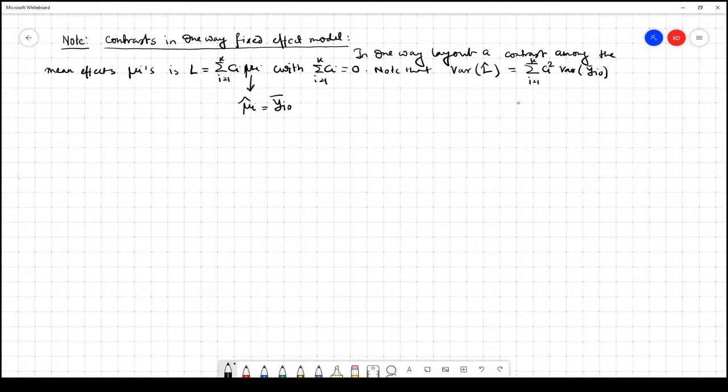And this is equal to sigma square sum over I from 1 to k Ci square by Ni.